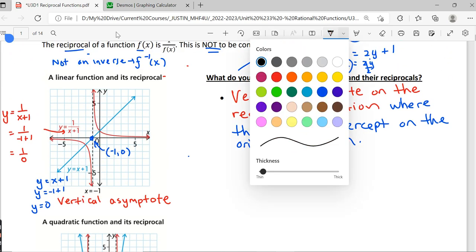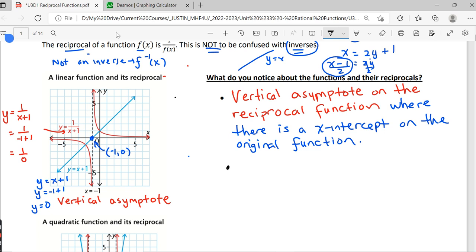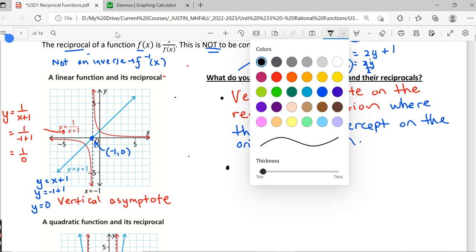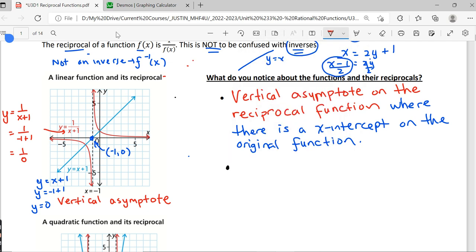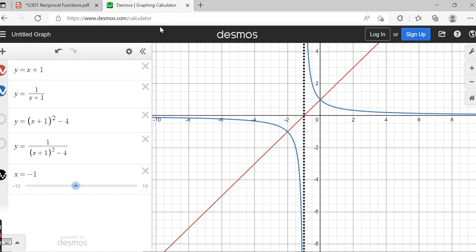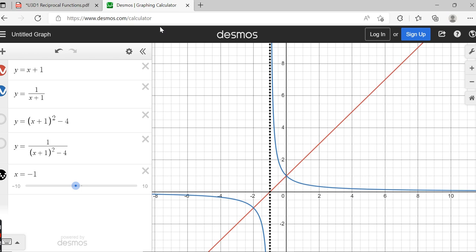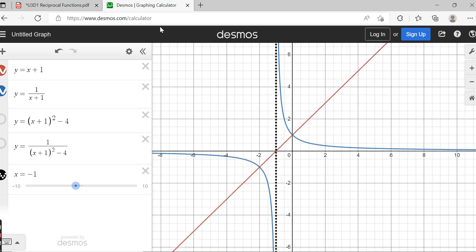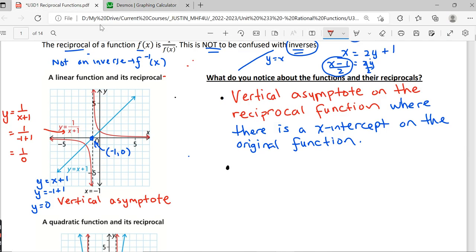What else do we notice between the reciprocal and the original? So let's take a look at just the left-hand side of the vertical asymptote for a second. Actually, no. Let's look at the horizontal asymptote for a second.